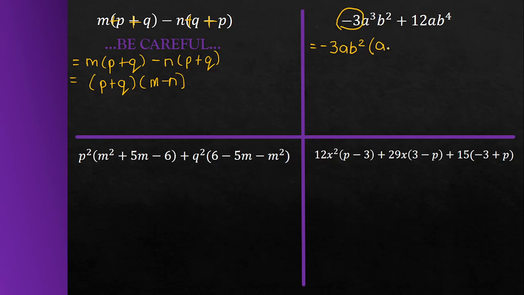So I've got an a squared. Be very careful here, because remember you're dividing by -3ab squared. Again, if you don't know what I'm talking about, I'm going to pop my original part 1 taking out common factor video in the top right hand corner for you to go and watch, because now this becomes a negative.